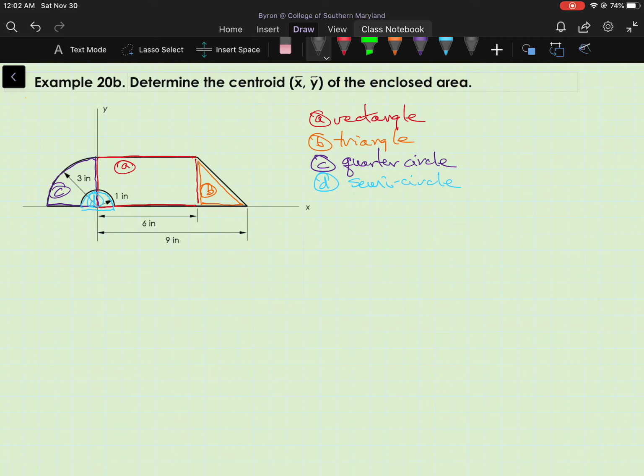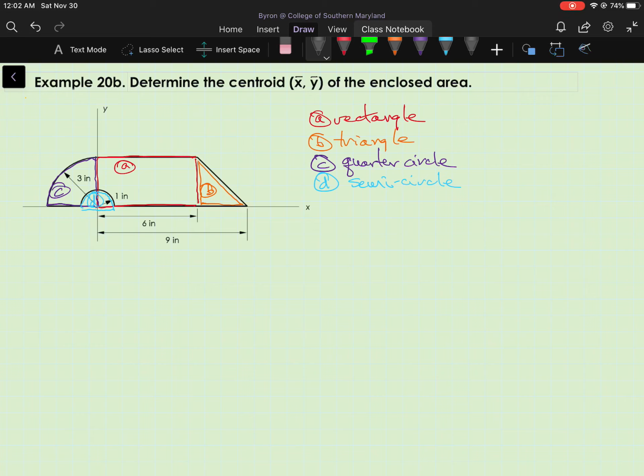Now we're going to need to be able to calculate the area of each of these smaller, simpler areas, as well as determine or look up their centroids.